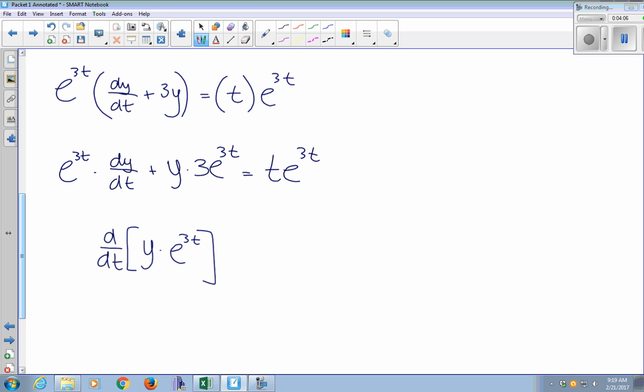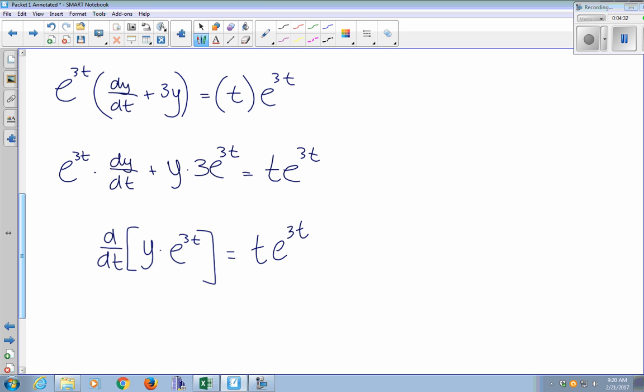All that on the left-hand side is just the product rule written out for the derivative of y times e to the 3t. On the right-hand side, I'm not doing anything to that yet.